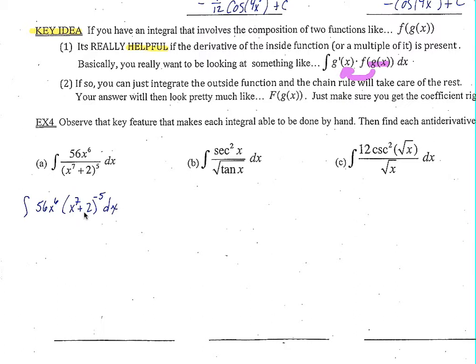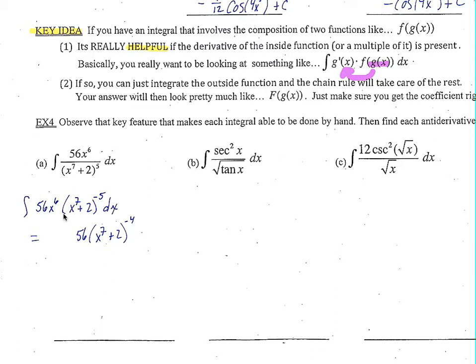So then the integral is going to be x to the 7th plus 2 raised to the negative 4th. I'm going to just carry the 56 down here. The x to the 6th is going to be the result of the chain rule here, and then I just need to balance the coefficients.